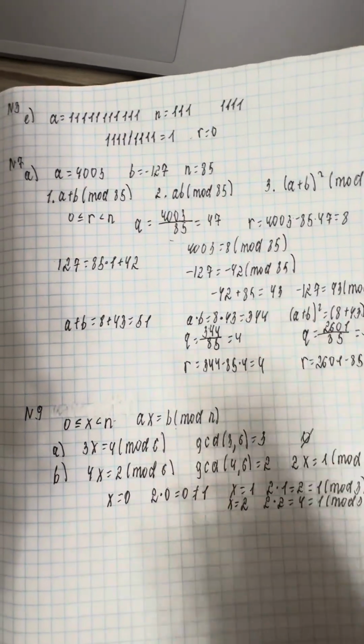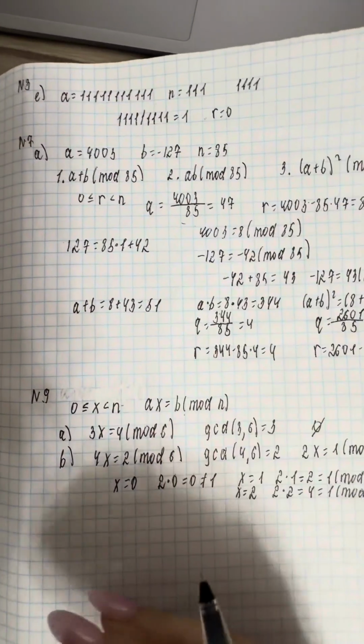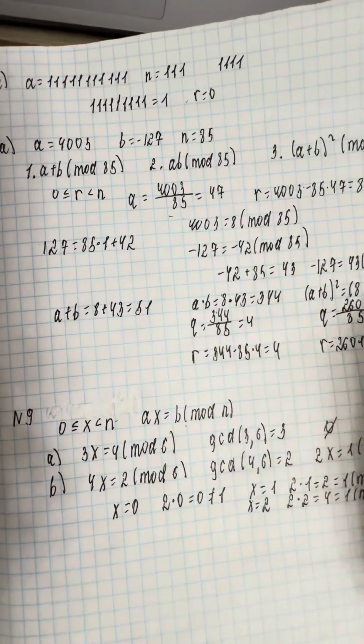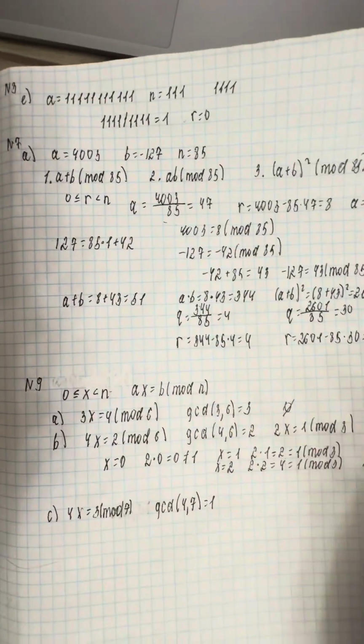So the solutions modulo 3 are 1 and 2. Now I convert them back modulo 6, and finally the answer is x equal to 1 and 4.